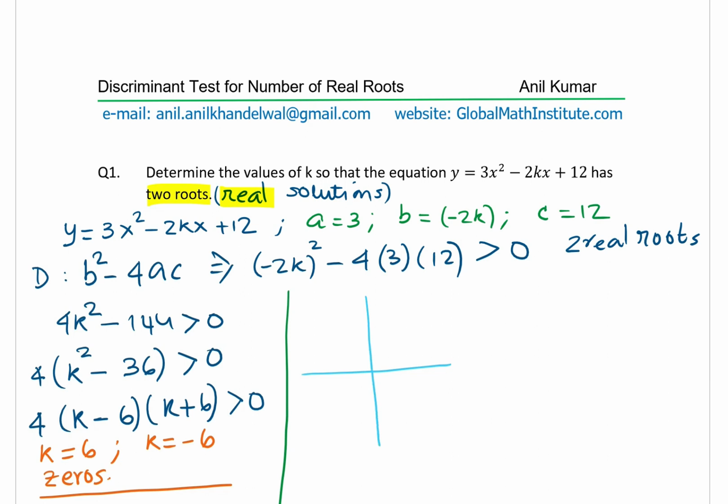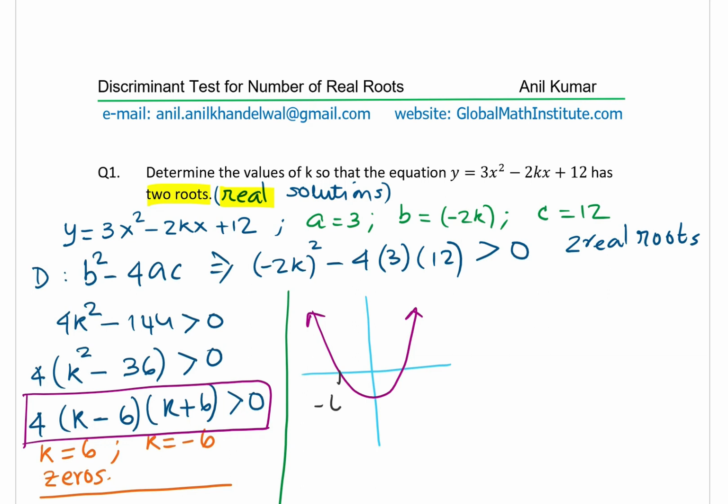of the given function, we can say approximately the graph will look like this, where the zeros are at minus 6 and plus 6.